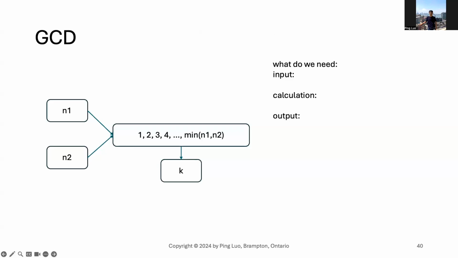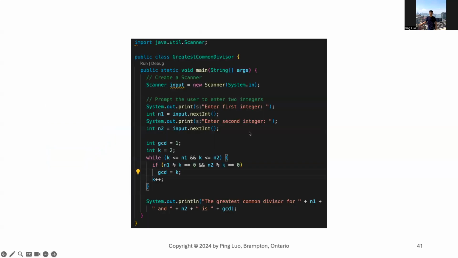So we need to input the 2 numbers, iteratively check whether these numbers are a common divisor, and finally output the result. So here we input 2 numbers, and assuming the greatest common divisor is 1, we check from 1 all the way up to the minimum of the 2 numbers.